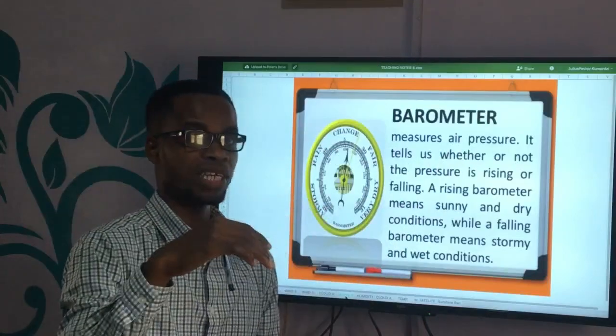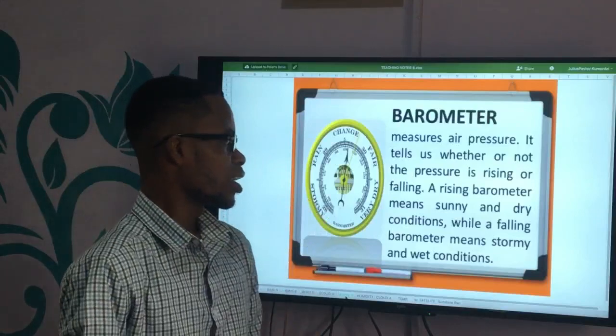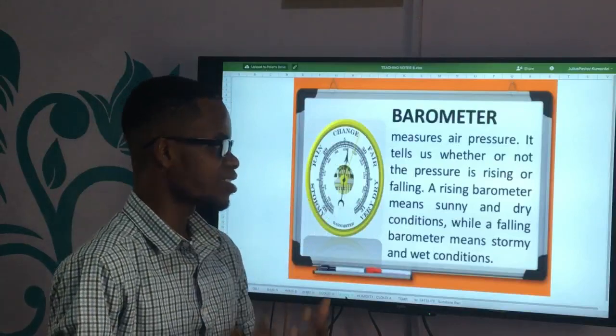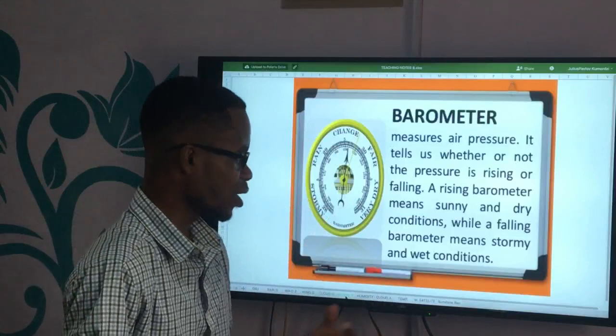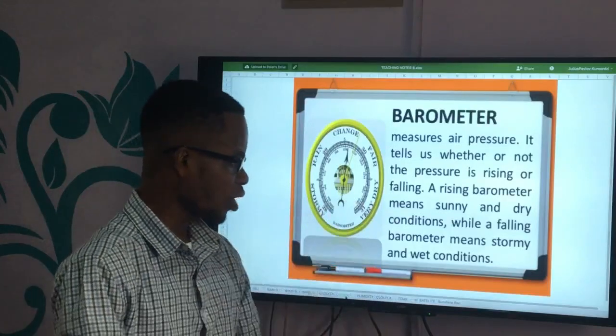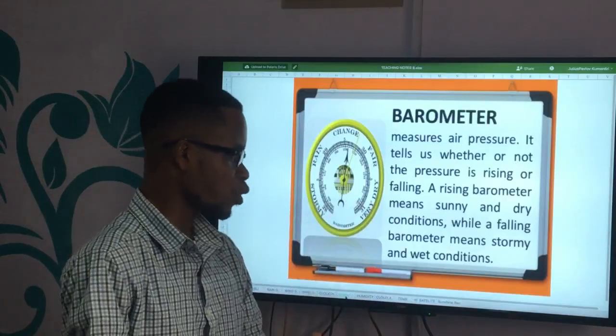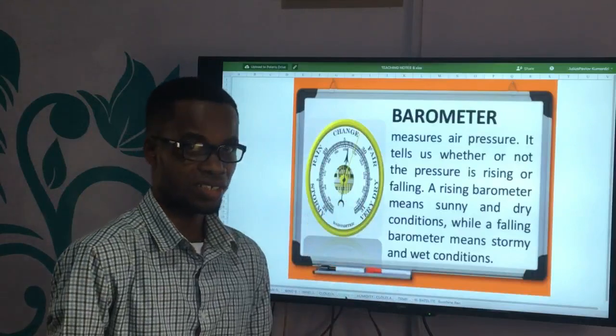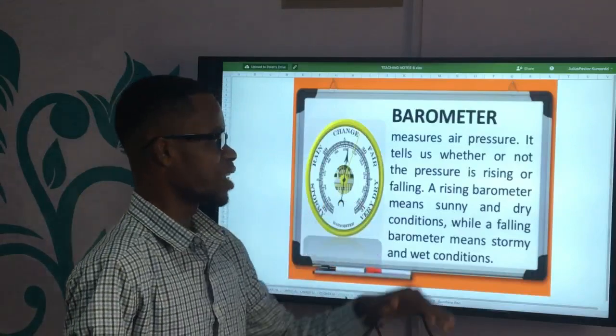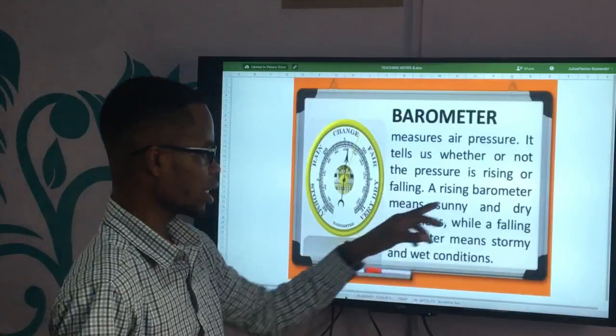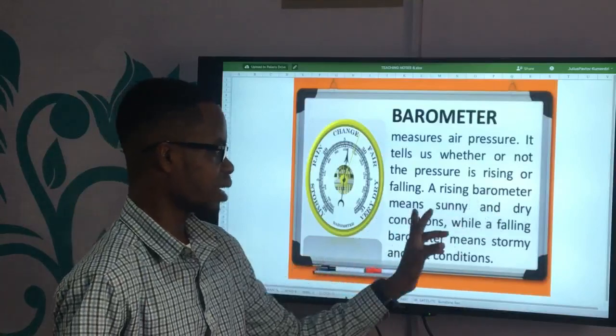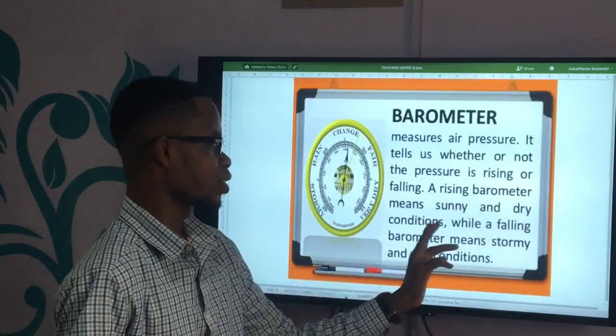So there's a lot of pressure in the atmosphere. Then a rising barometer means sunny and dry conditions, while a falling barometer means stormy and wet conditions. So look at this: a rising barometer means sunny and dry conditions.